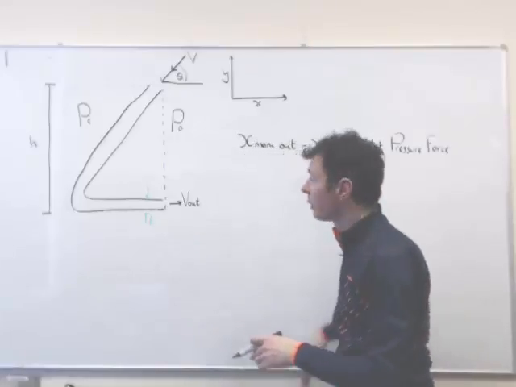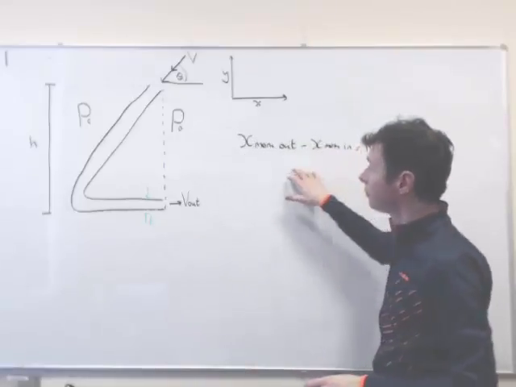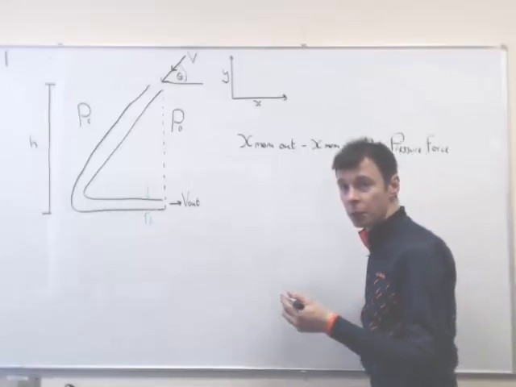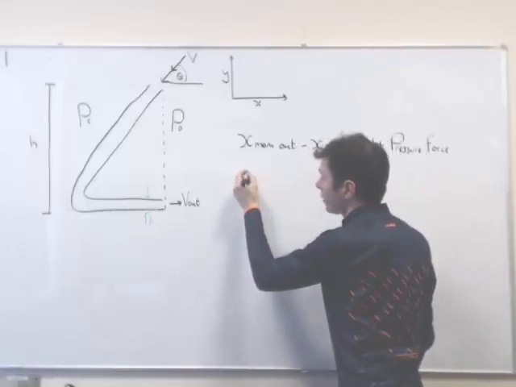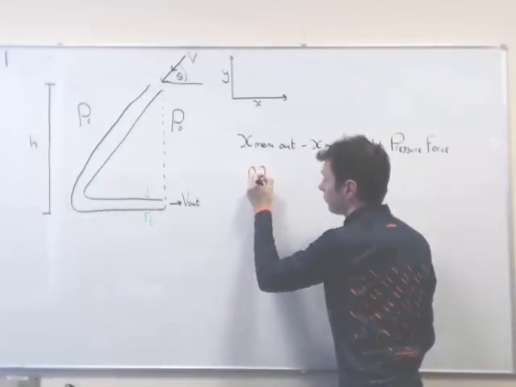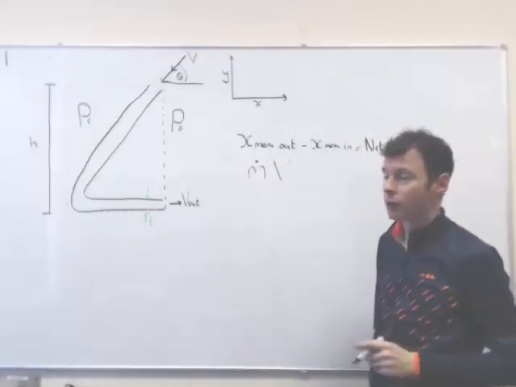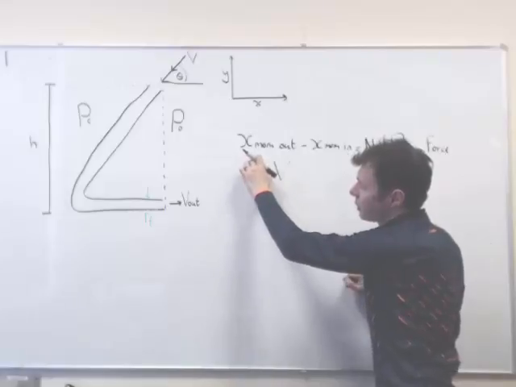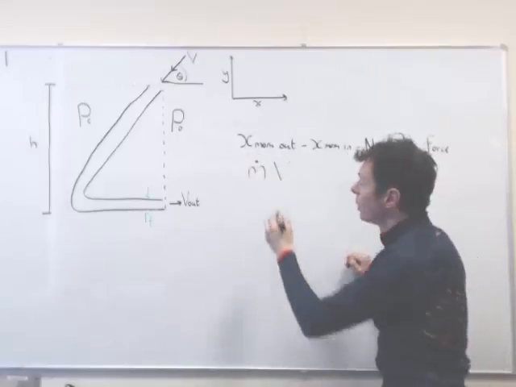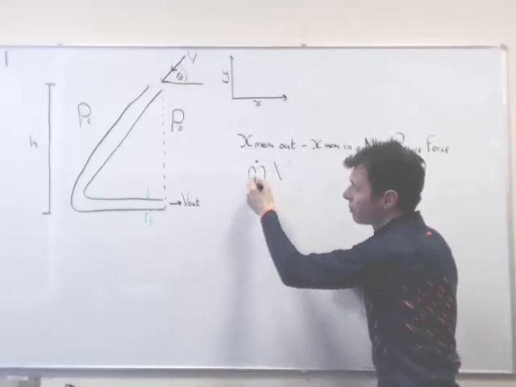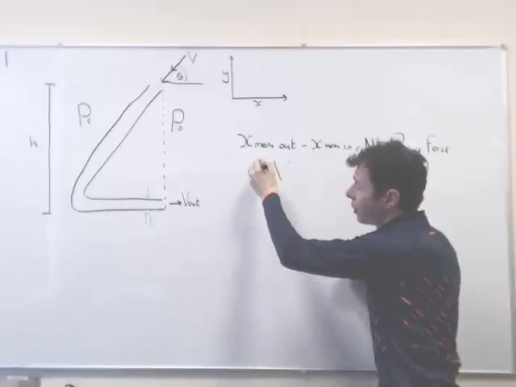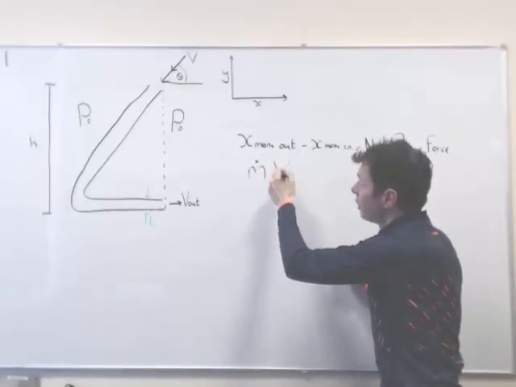Okay, the first thing, we're given the basic equation. Now usually we'd express momentum as the mass flow. So every time you see a dot over a letter, it's a rate term. So this mass flow would be in kilograms per unit time, so per second, times velocity.